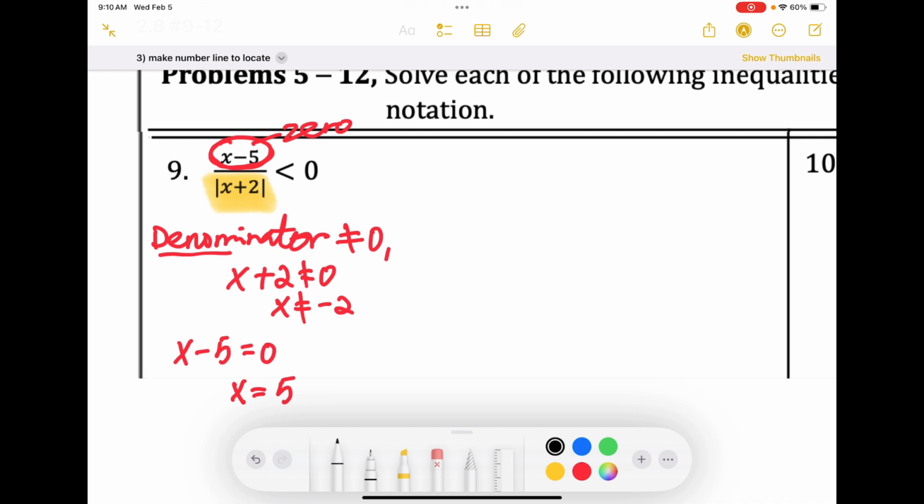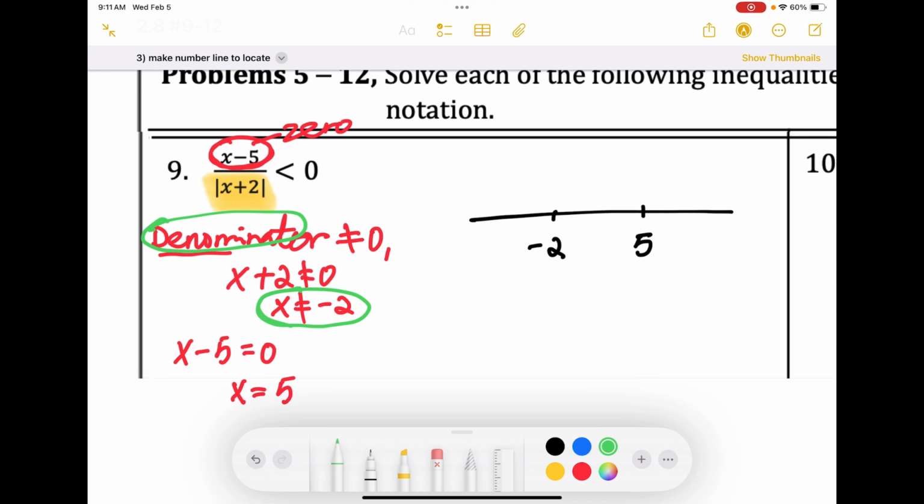So I can make those two critical numbers on my number line. I have -2, it's very important, and I got 5. Make sure, because that is a denominator, it cannot equal -2, so there will be an open circle here.